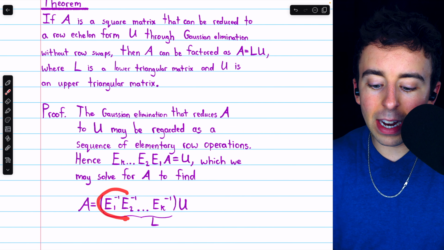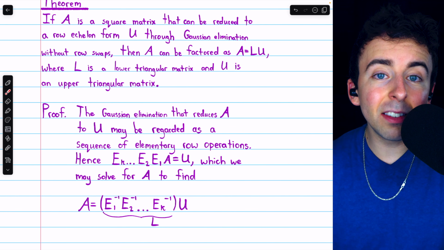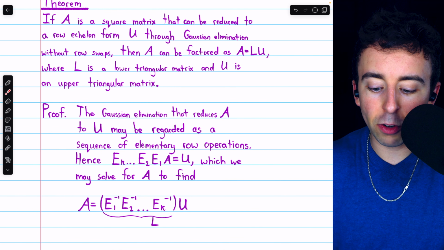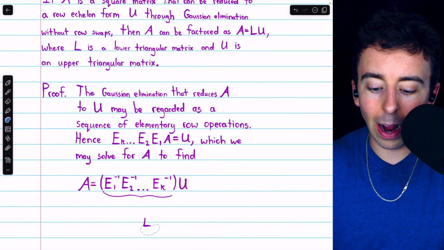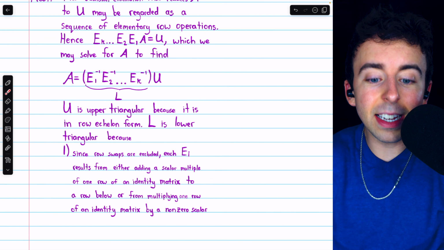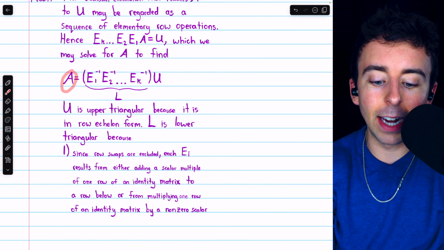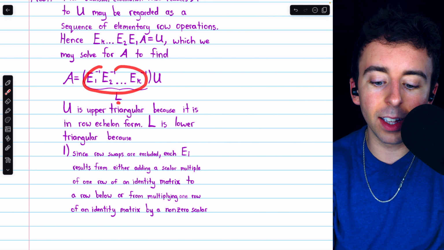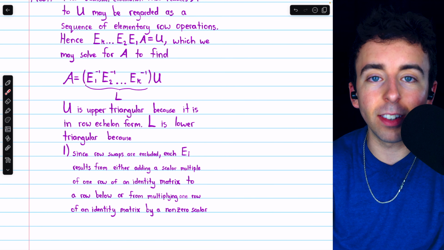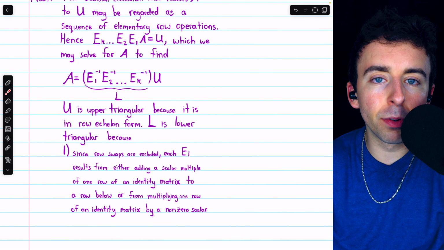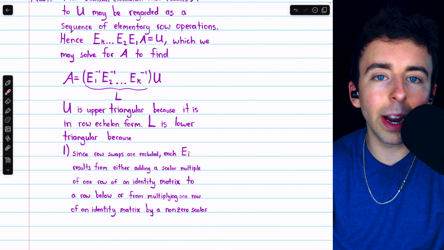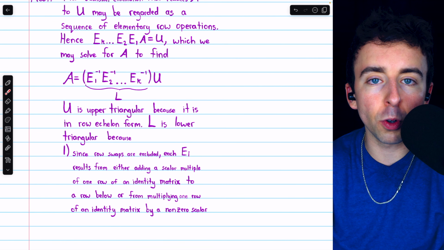Now, this product of inverse elementary matrices is in fact the lower triangular matrix L that we need for our decomposition. Now, we see clearly that A can be written as this, which we're calling L, times this matrix U. So all that remains to be proven is that L is lower triangular and U is upper triangular.